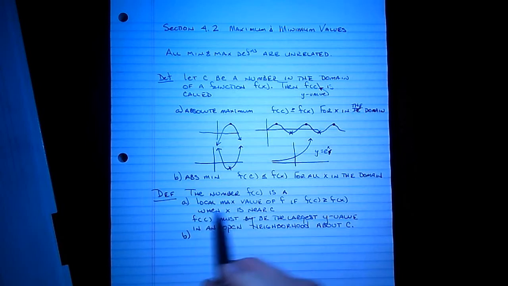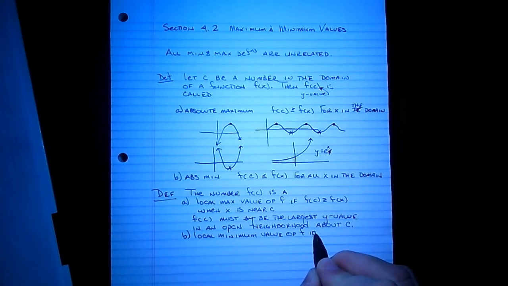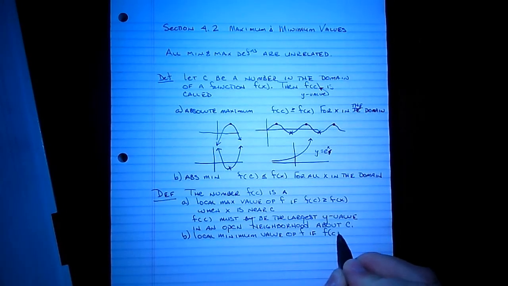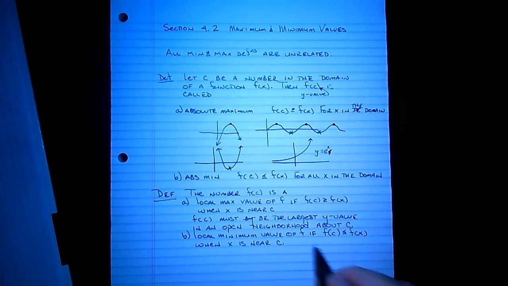The local minimum says the number f of c is a local minimum value of f if f of c is less than or equal to f of x when, and here's the important part, of course, x is near c. Okay?